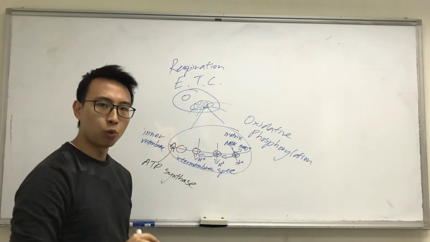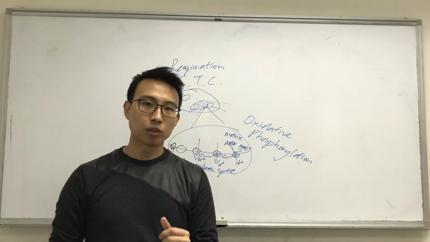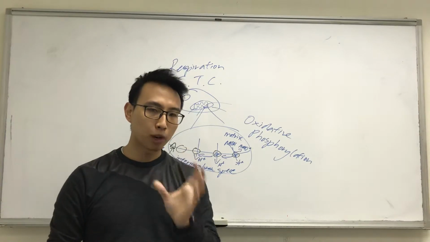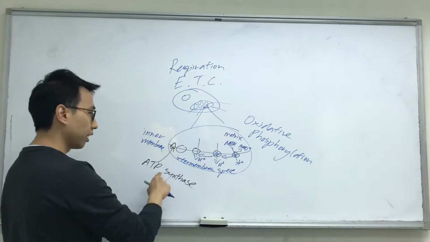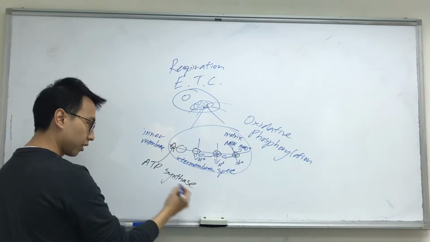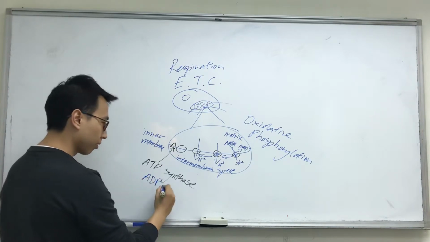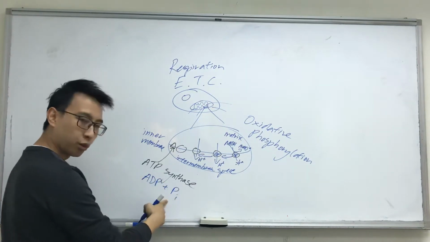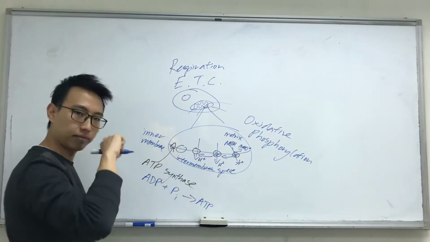So which molecule will you phosphorylate? In respiration, the molecule that you want to get energy from is ATP. Hence, this ATP synthase can take ADP and add a phosphate to it, and you will get ATP.